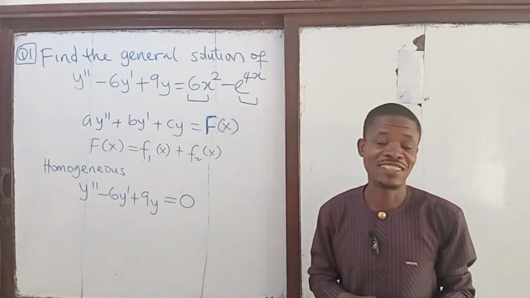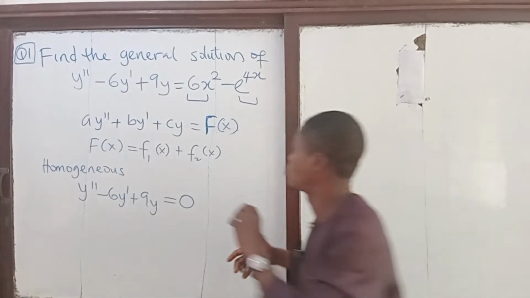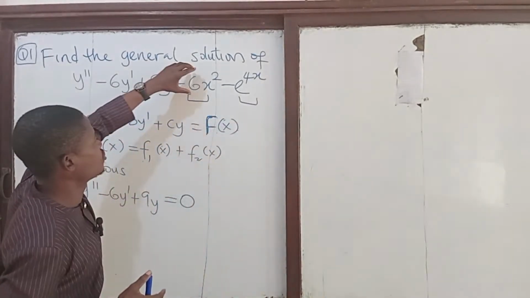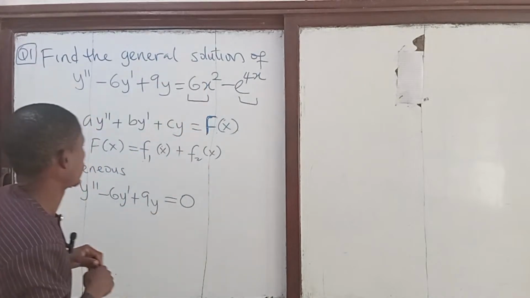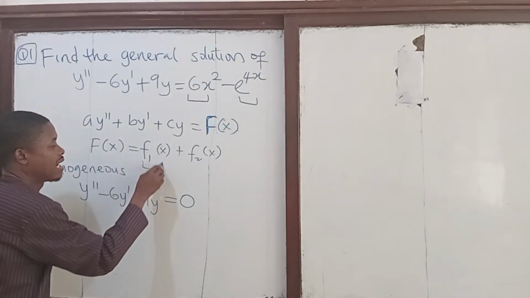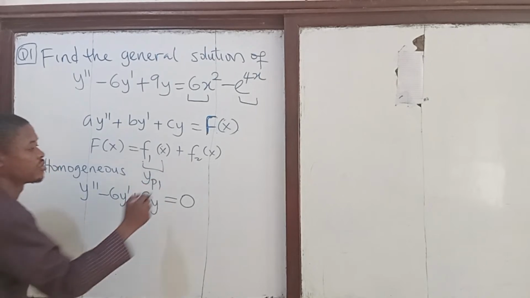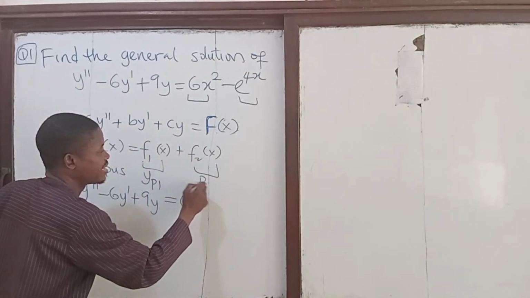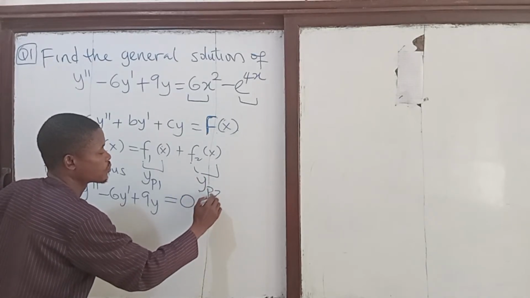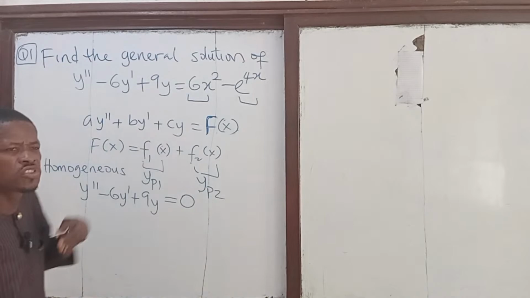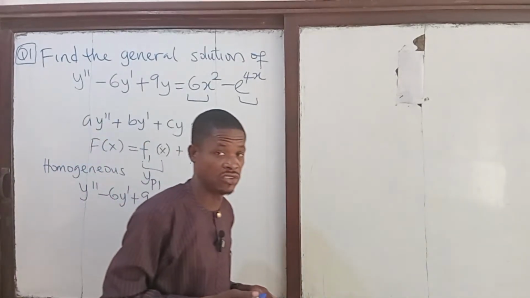In that case, we're going to get the particular solution for f1 of x, which will be yp1, and the particular solution for f2 of x, which is yp2. It could be 2, 3, or 4. You do the same thing for the respective functions.